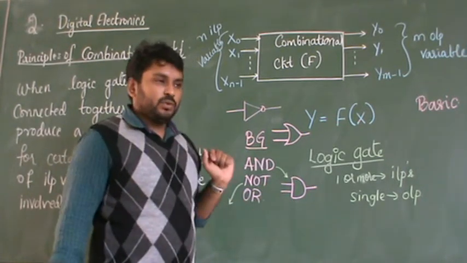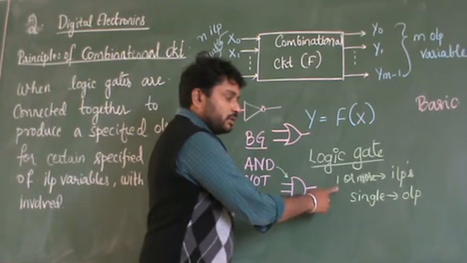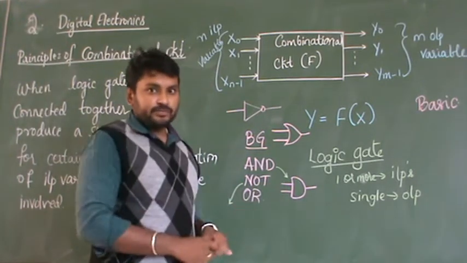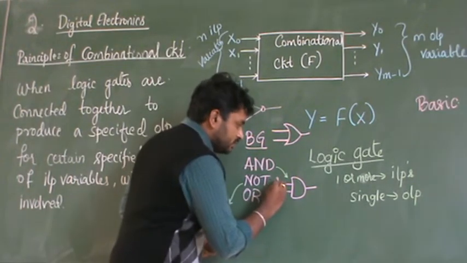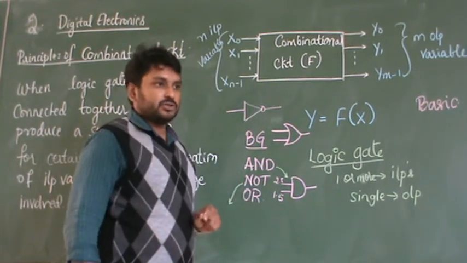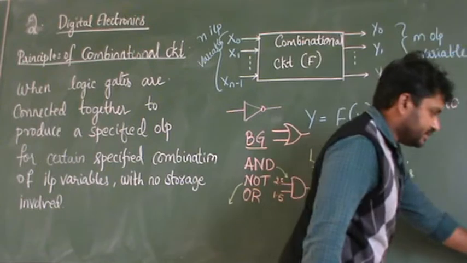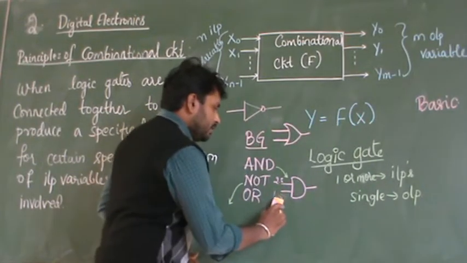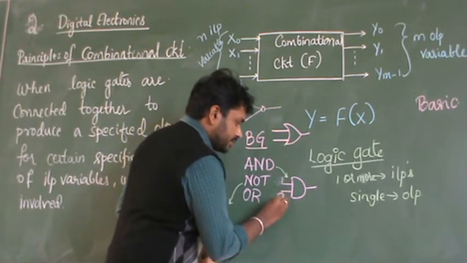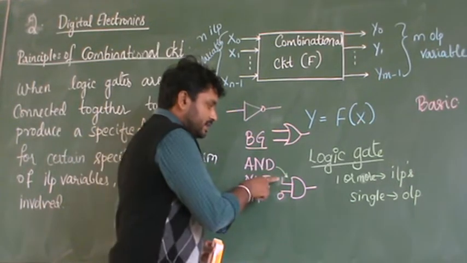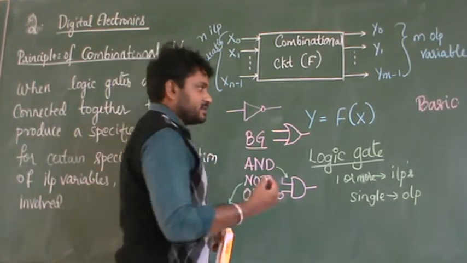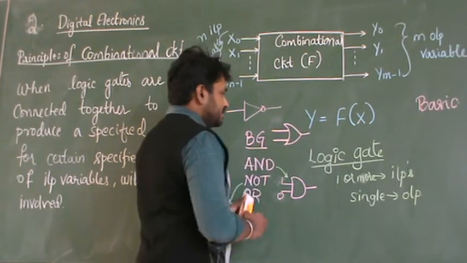So the gate will have one or more inputs. What type of data do you have to give here? Can you give 2.5 volts here? Can I give 1.5 volts here? No, that is not possible in terms of digital logic. You should give either a logic 1 or a logic 0.